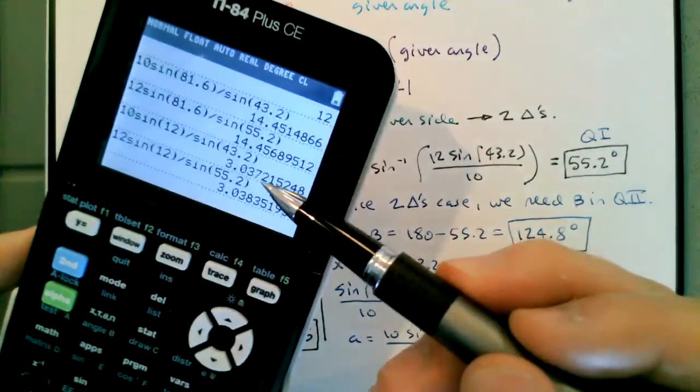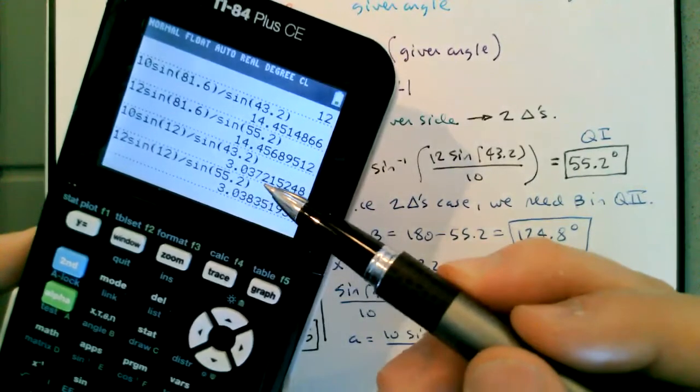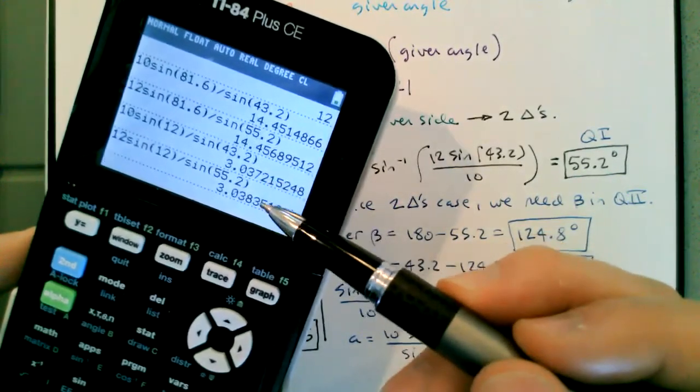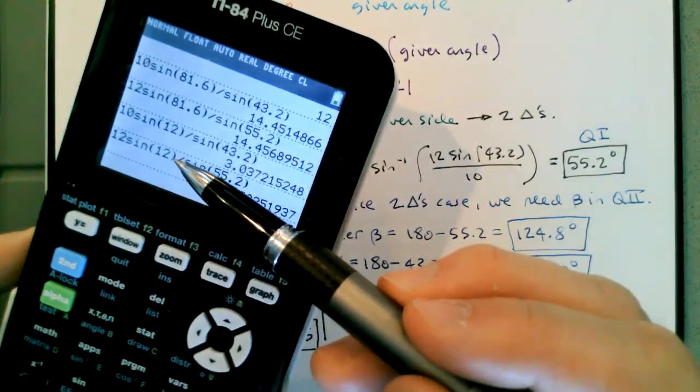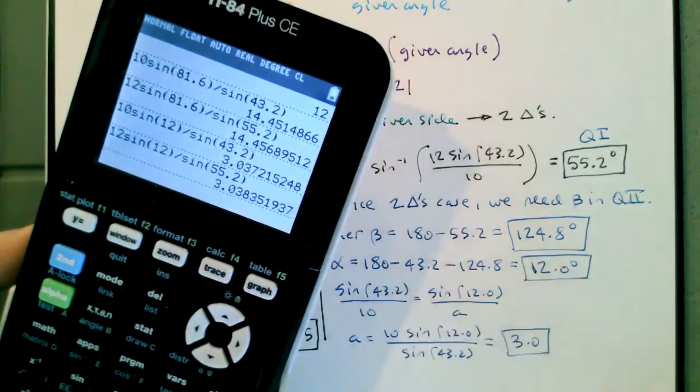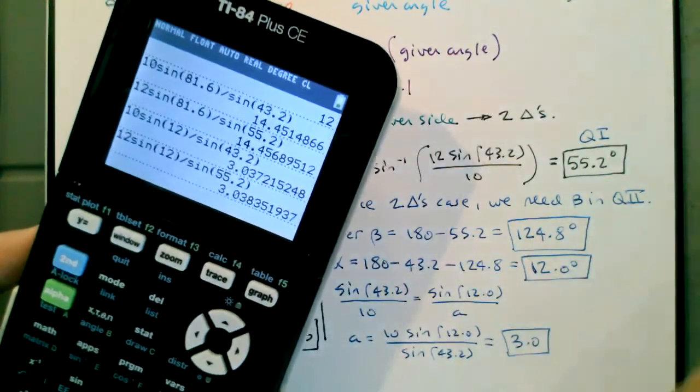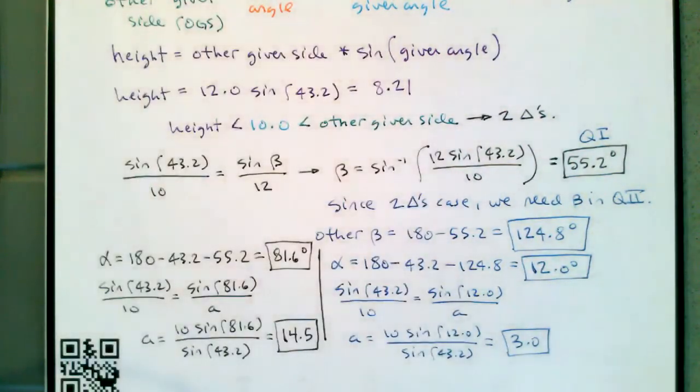We have to go pretty deep to see how different they are when I use the non-rounded stuff versus the rounded stuff, because the only thing that we're rounding is the 12. But we did have two triangles because the side opposite the given angle was greater than the height and less than the other given side. That's where we determined the number of triangles.